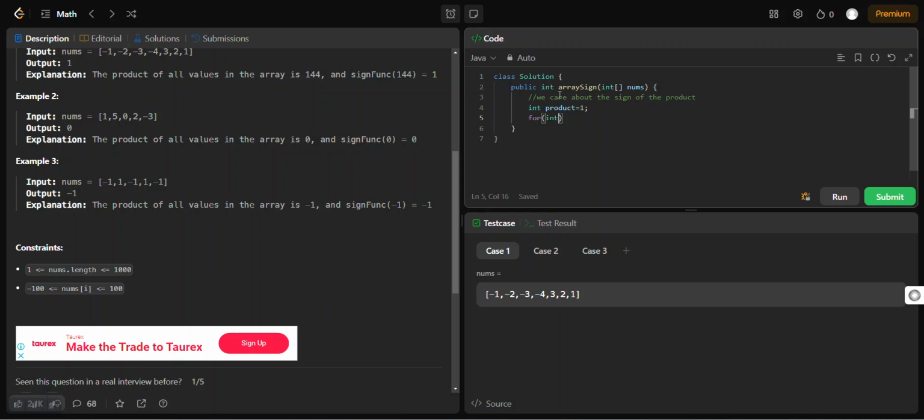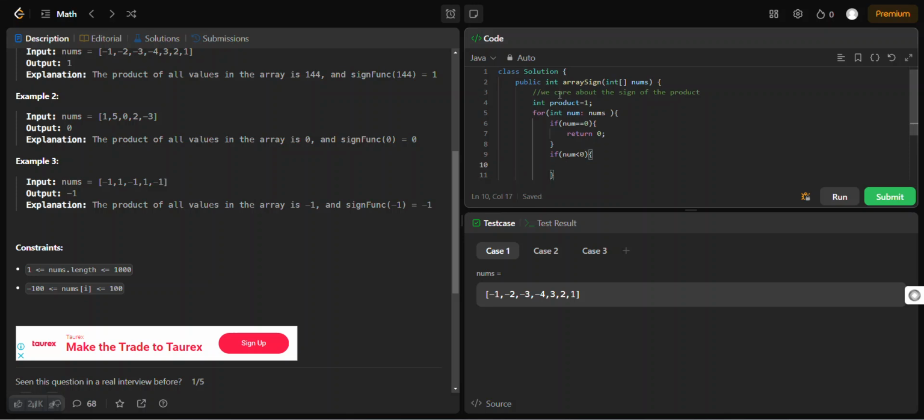And we are going to loop through this array. The first thing we are going to do is check if the number equals 0. We are just going to break the loop and return 0. But if it is not equal to 0 and it is less than 0, we are just going to multiply the product by negative 1.